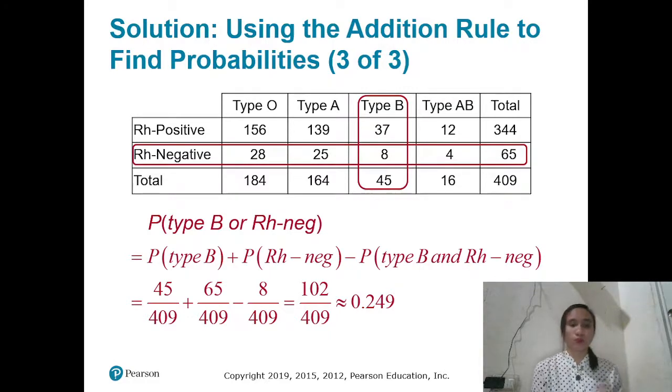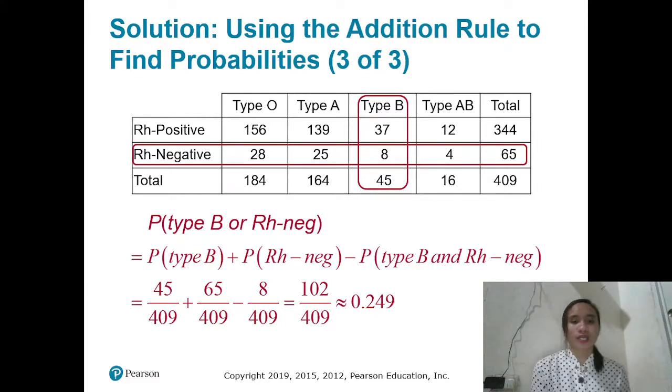So that is equal to the total of type B, 45 over 409, the total of the blood type, plus 65 over 409, because the total of Rh negative is 65, minus 8 over 409, because type B and Rh negative is 8.